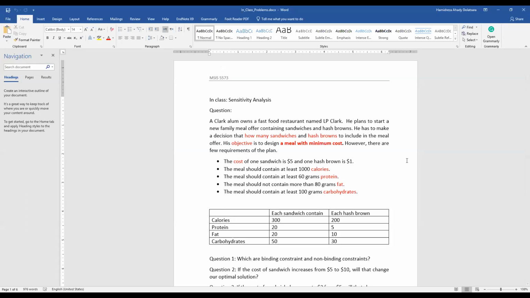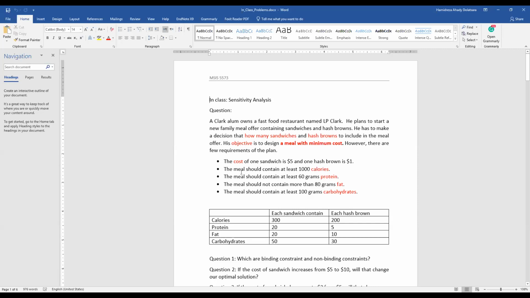We have the following constraints. First of all, we know that the cost of one sandwich is $5. The cost of a hash brown is just $1. The meal should contain at least 1,000 calories, at least 60 grams of protein, not more than 8 grams of fat. So this is a cap for the fat, and it should contain at least 100 grams of carbohydrates.